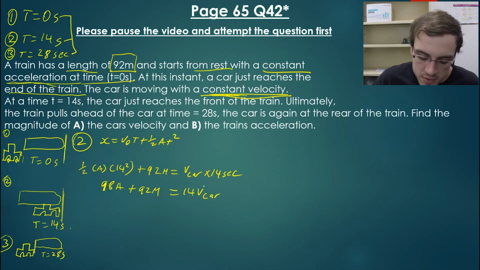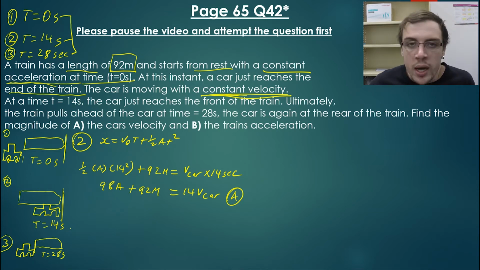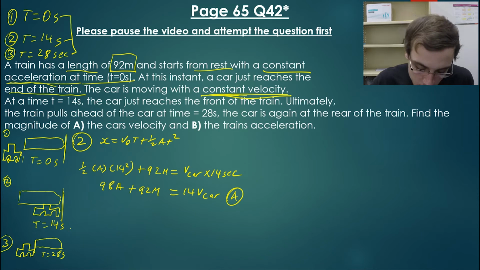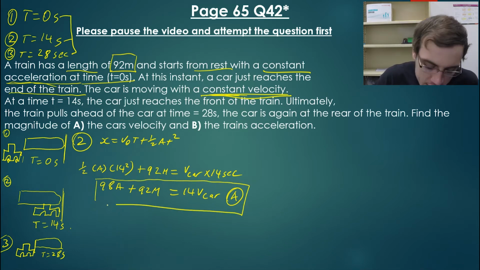It's 14 times v car. So this is going to be our equation A. Because you can see we can't simplify that down any further because we have two unknowns, like with our Knights charging example. So I'm going to put a little square around that, and we're going to come back and visit that one in a moment.